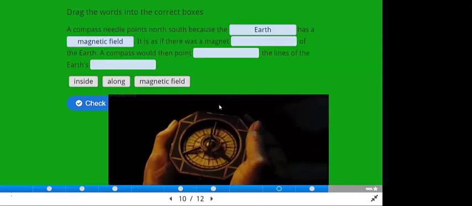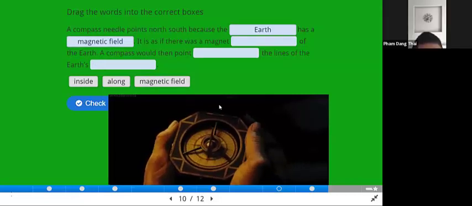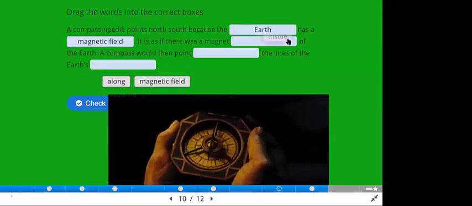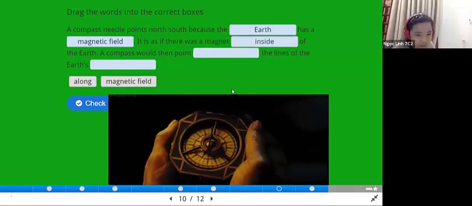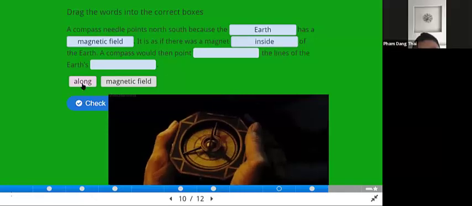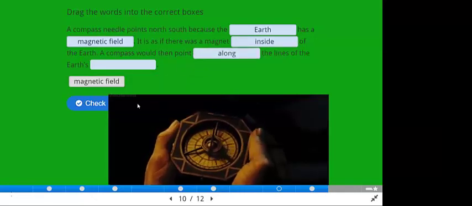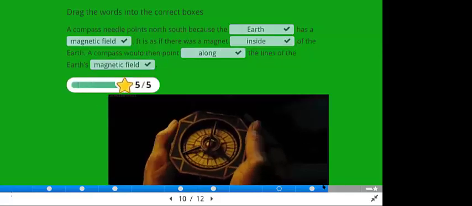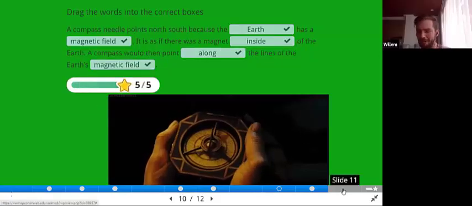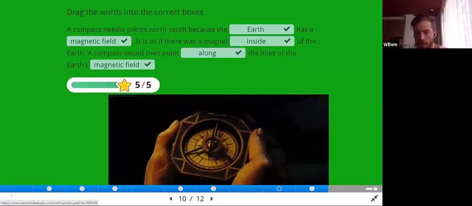It is as if there was a magnet inside of the Earth. A compass points along the lines of the Earth's magnetic field. Okay, very smart, guys.